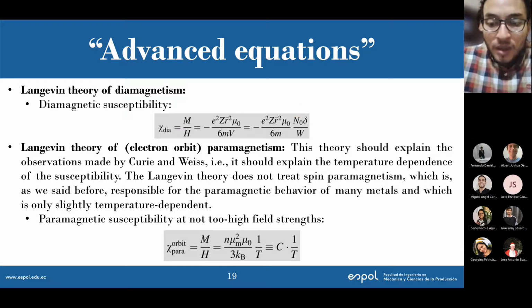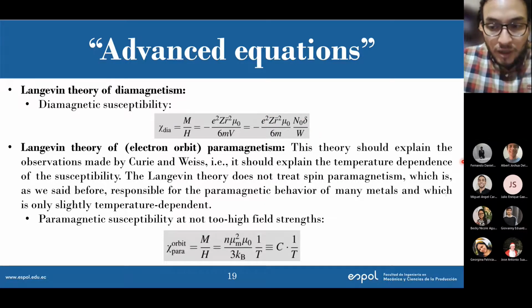Okay. e is the electron charge, you know that. m is the mass. r is the average radius of electron orbits. mu naught is the permeability of free space, and Z is the atomic number.